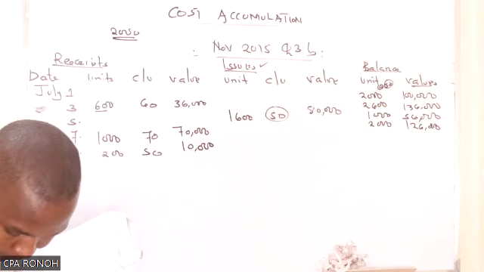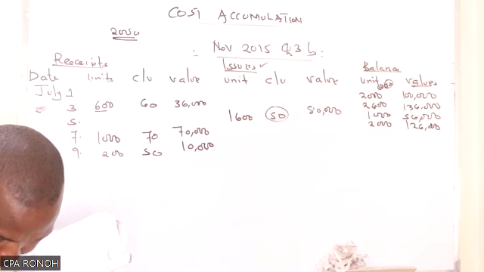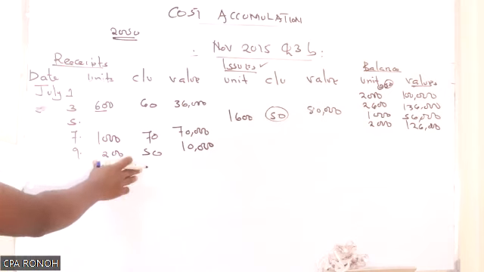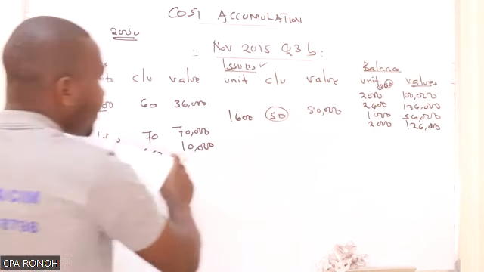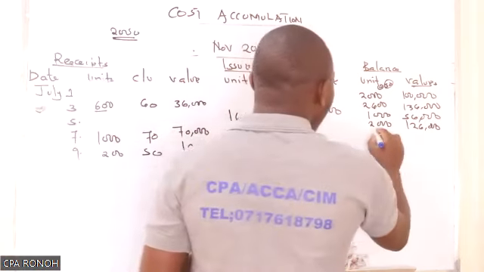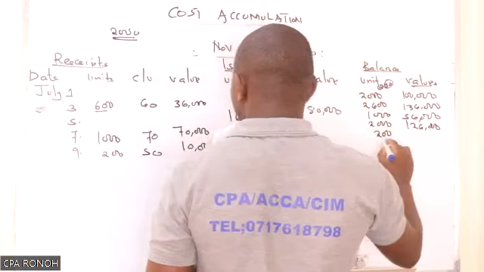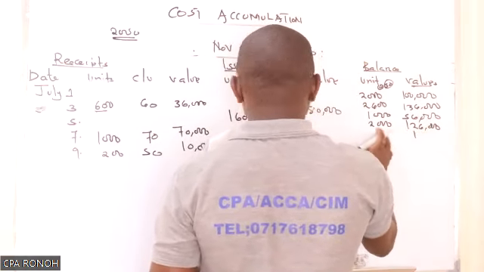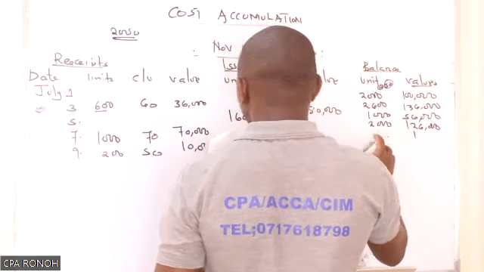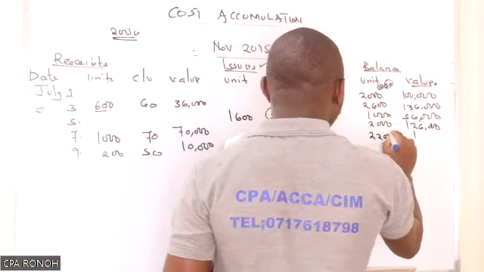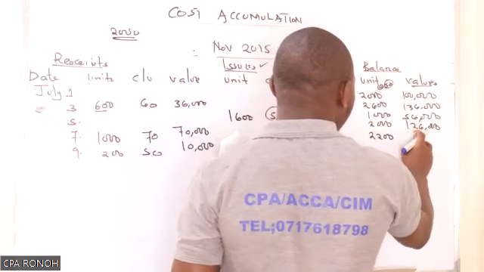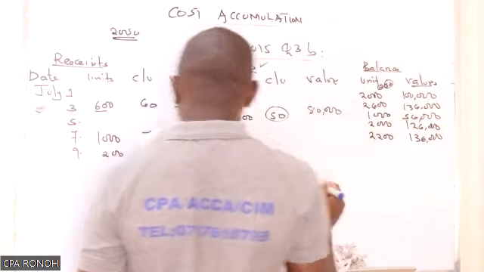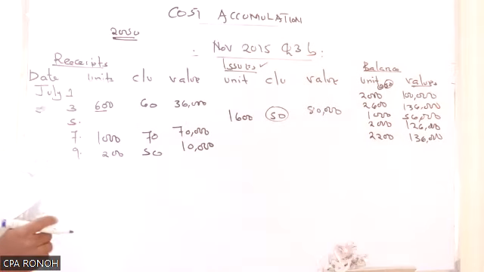So we add back this 200 units here, and also we add back the value. So the units here will be 2,200, then the value here will be 136,000. So that is note number 9.